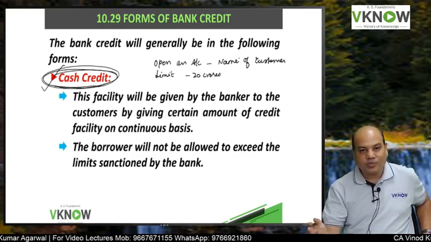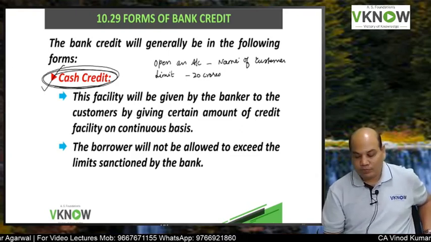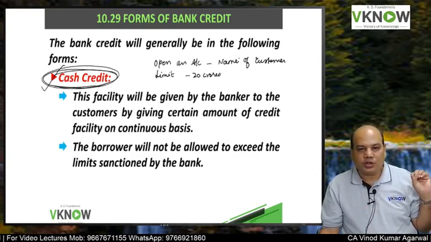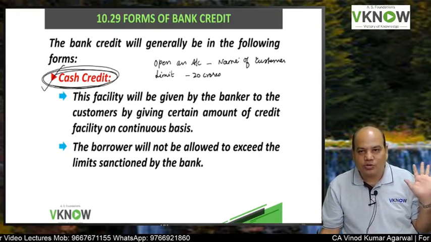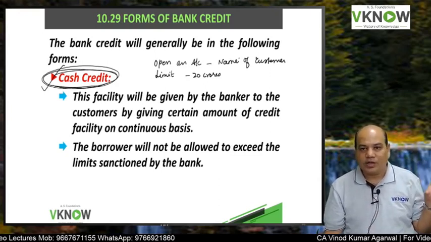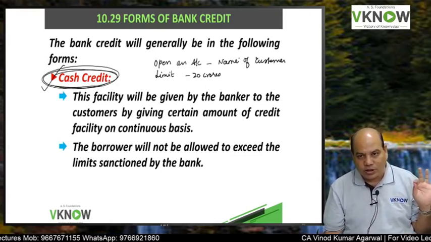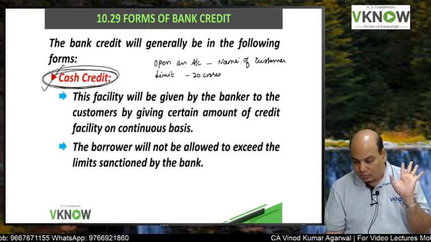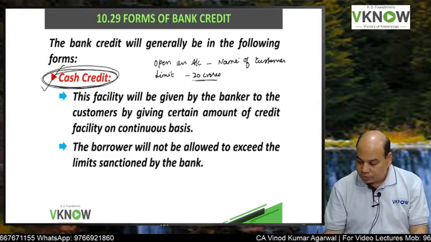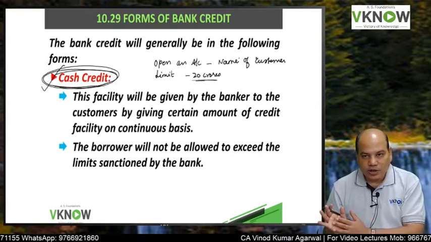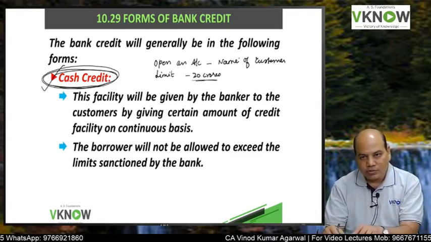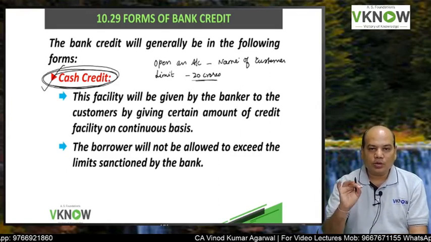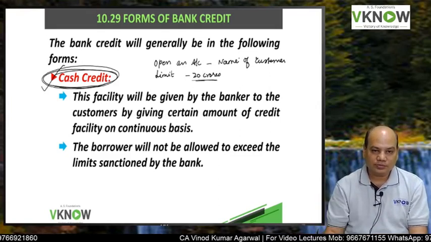Again, it depends on the company, sometimes 50 lakh, 1 crore, which means you can utilize 20 crore rupees from this account. You can issue checks to your suppliers, employees from this account up to how much? 20 crore. If you have surplus cash, you can deposit in this account. Interest will be charged only on the amount actually utilized.